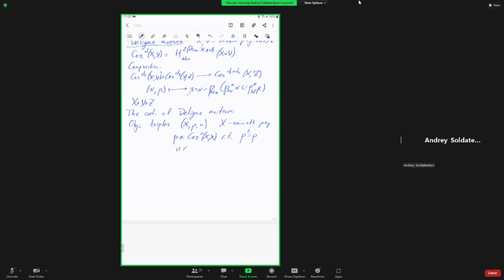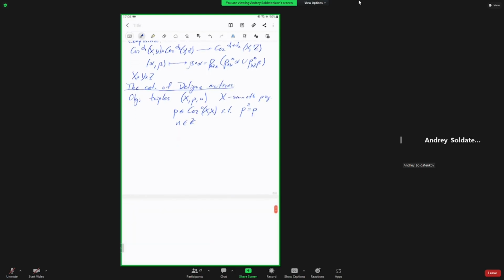And n is some integer. Well, I'm a bit sloppy here: strictly speaking, I should allow X to be disconnected, with several connected components, and then n is not an integer, it's a map from the set of connected components to the integers. So it's an integer for each connected component, but let me just ignore these technicalities for the purpose of this talk. I think it's not so important to give all the definitions completely rigorously.